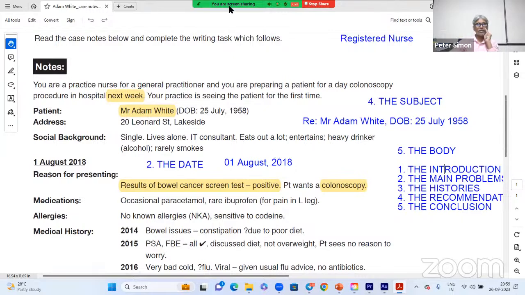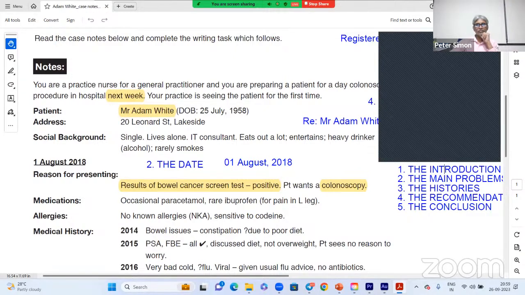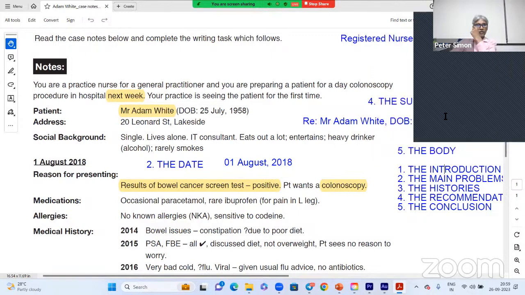Can you write one sentence? Heavy drinker, brackets alcohol. So this point, how can you write this point?